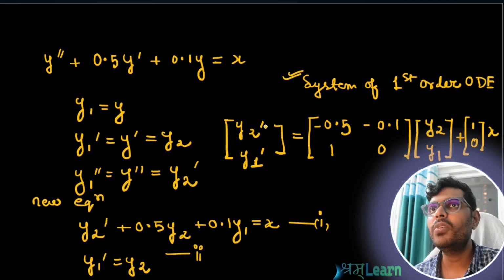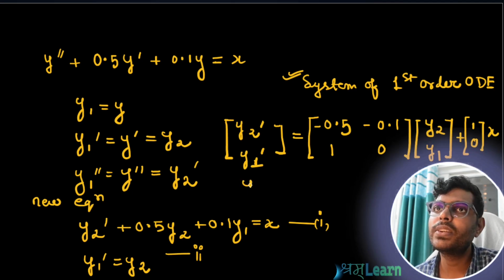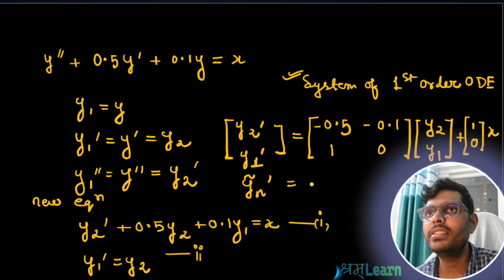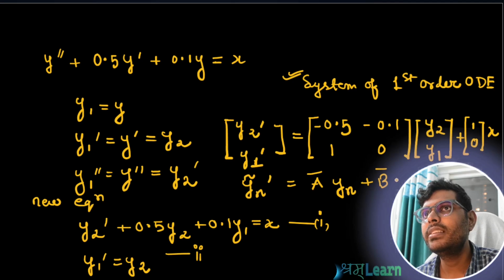Okay, so can I name all this matrix? This is a vector, only one column matrix, so I can call it yn. Okay, the dash vector is equal to, I can call this a matrix, y vector yn vector plus b vector into x vector.